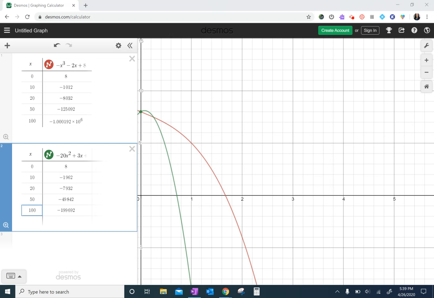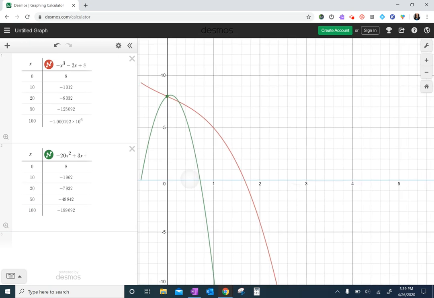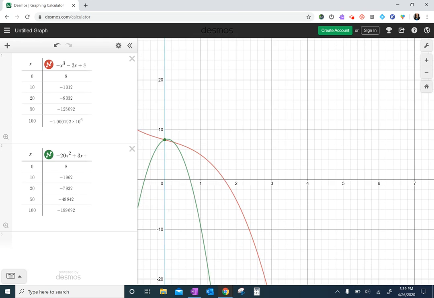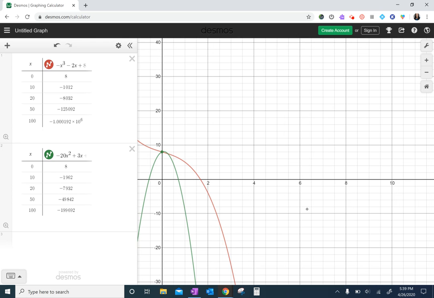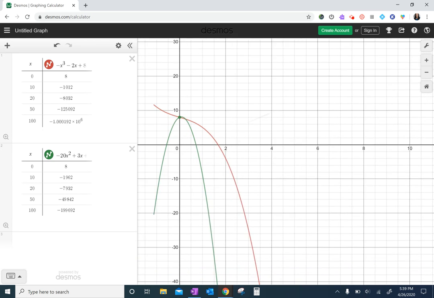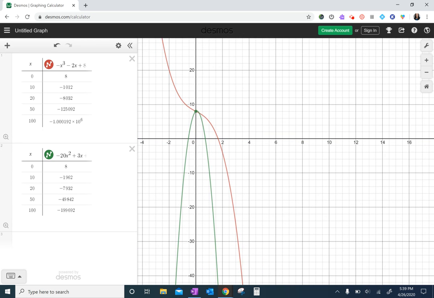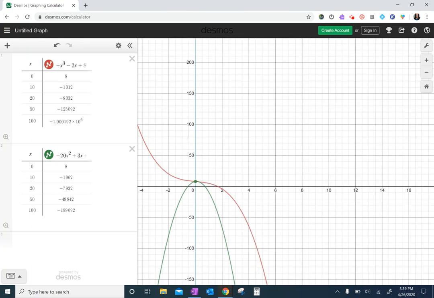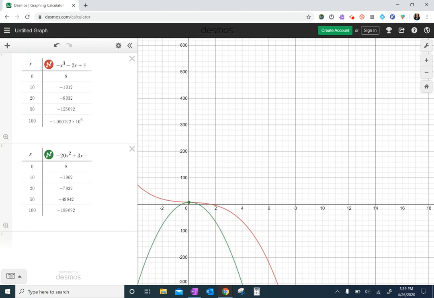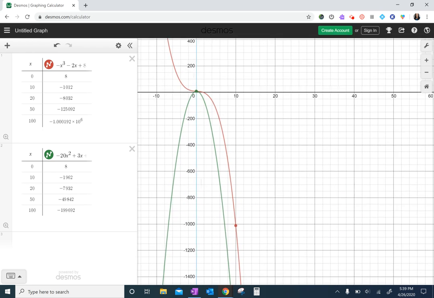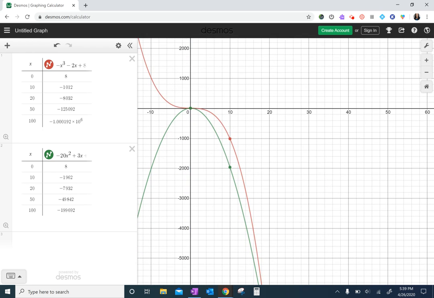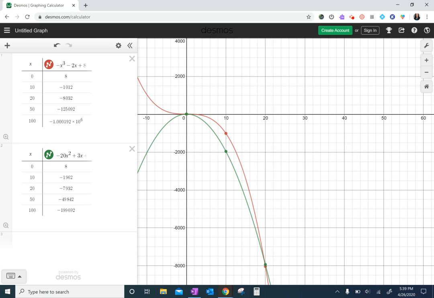So it's kind of cool to see if you were to scale Desmos so you can really see that the degree 3 definitely has bigger values to start off. But at some point, that degree 2 is taking off and going to keep scaling the y. Oh, there it is.